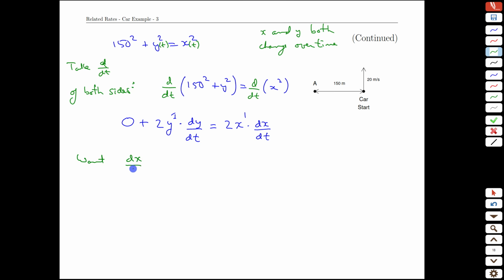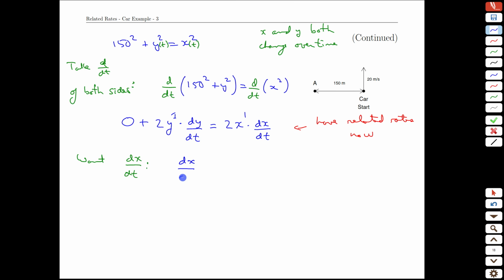We want dx dt, and we notice that we actually have related our rates now. If you take a look at our equation, we have the speed of the car going north is somehow related to the quantity that we care about, which is the distance between the car and the observer. And so we're just going to solve for this a little more explicitly.